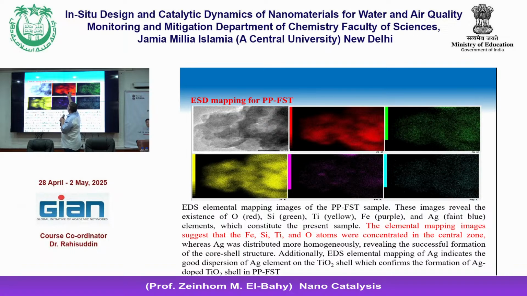This picture means you have oxygen here. The green is silica; this picture means you have silica. Titania is yellow; this picture means you have titania. And the iron is purple, this one. And these points are for silver. I think you can clearly read this data.